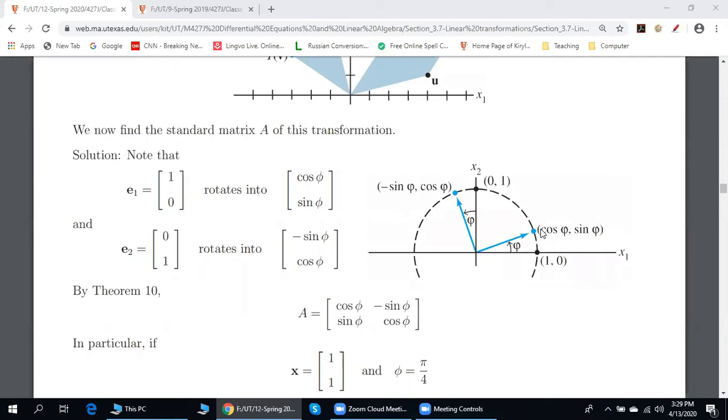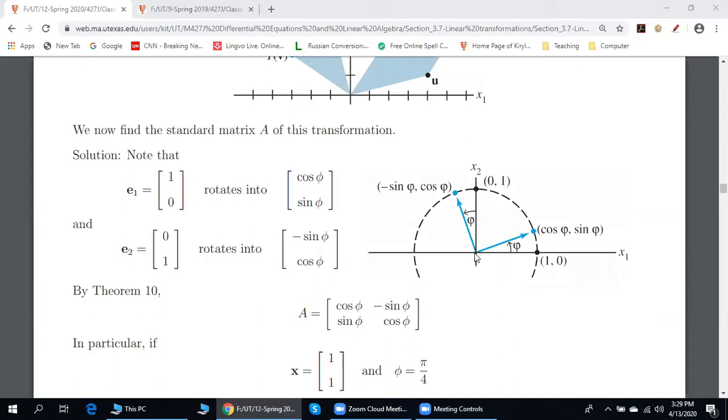In the same fashion, we show that the second coordinate is sine because this is sine. So, T of E1 is cosine, sine. It's column number 1. Lastly, in order to obtain column number 2, rotate E2 about the origin.